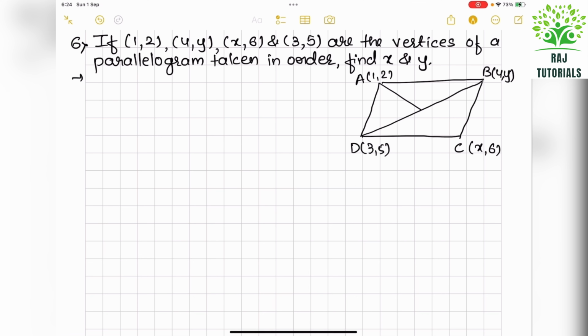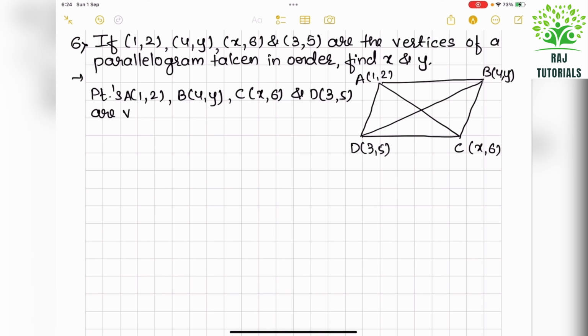AC and BD I am joining. Now given is points (1, 2), that is A, B (4, y), C (x, 6) and D (3, 5) are vertices of parallelogram.